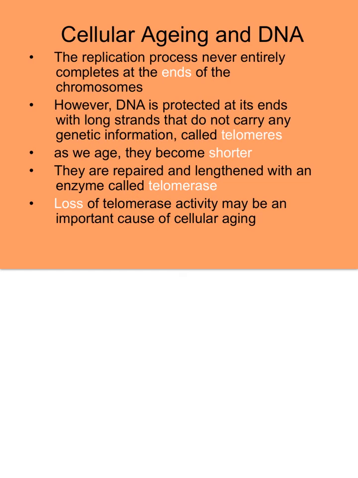And so what happens is as we age, those telomeres become shorter. They are repaired and lengthened with an enzyme called telomerase. But as you get older, that enzyme telomerase gets lost and doesn't function as well. And so that's what causes you to age. Or they think that's a cause of aging. Research is still being done on this topic.